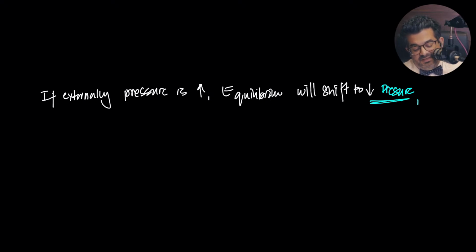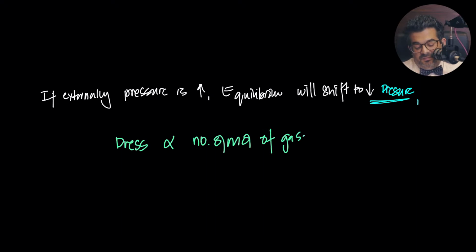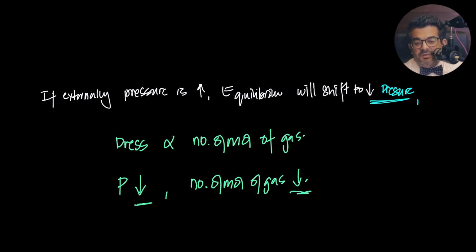And basically this is what you need to know, that pressure is proportional to the number of moles of gas. So if something wants to decrease pressure, all it has to do is decrease the number of moles of gas, because if you decrease the number of moles of gas, you are going to decrease pressure. And that's what you got to remember.